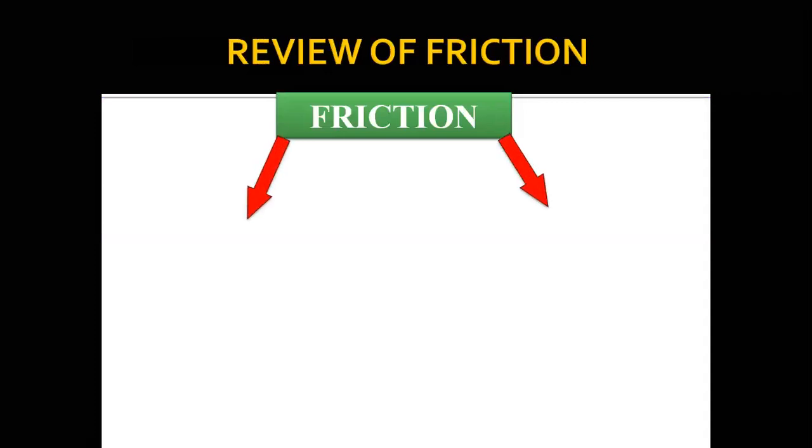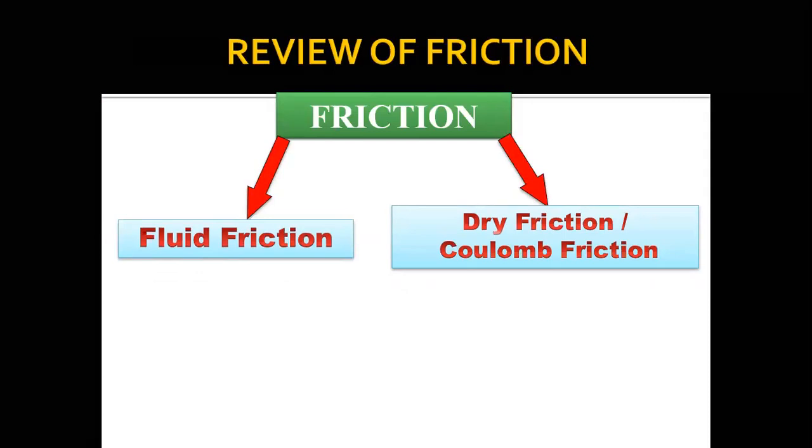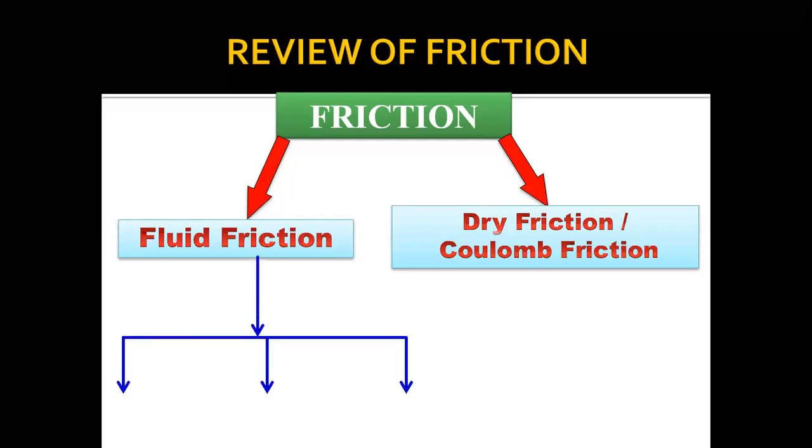Anytime two surfaces come into contact, friction is generated, and we can have two types: either dry friction or fluid friction. Under fluid friction, we have friction between lubricated surfaces, skin surfaces, and internal friction within objects.